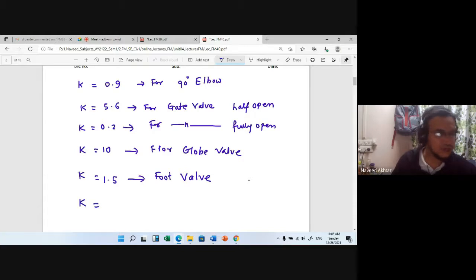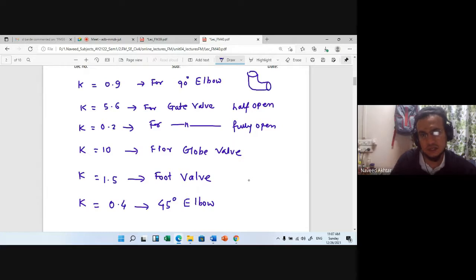So for the bends and valves, the value of K will be changed. K is equal to 0.4 for a 45-degree elbow. Now generally the 90-degree elbow, you can say it is like that.